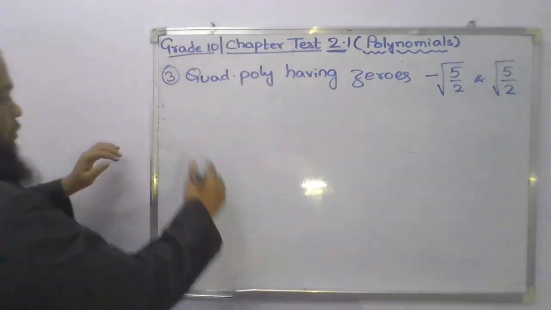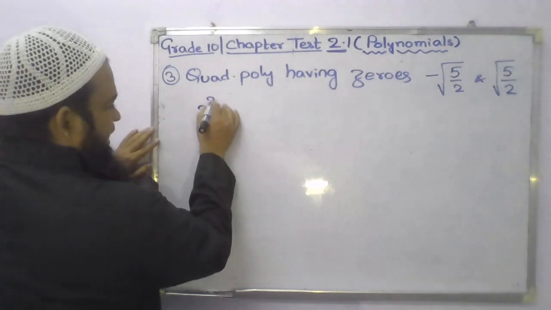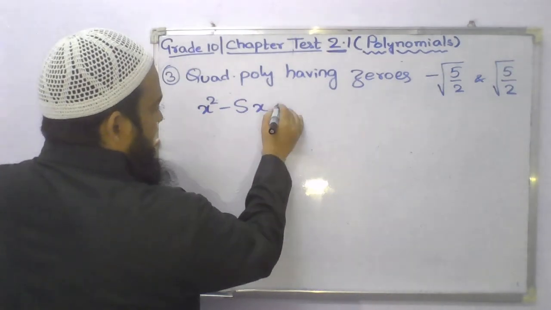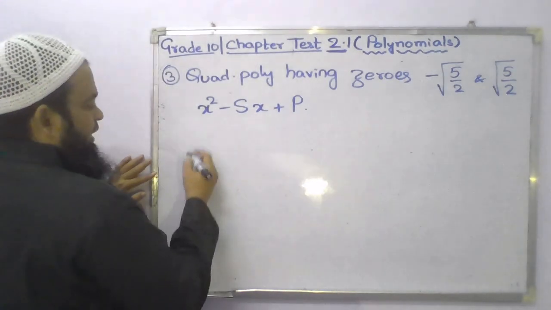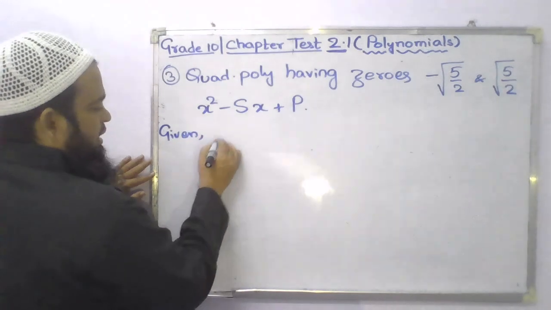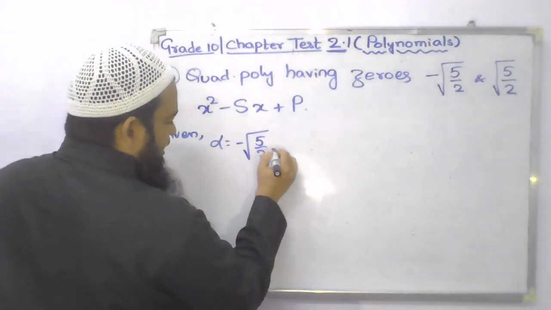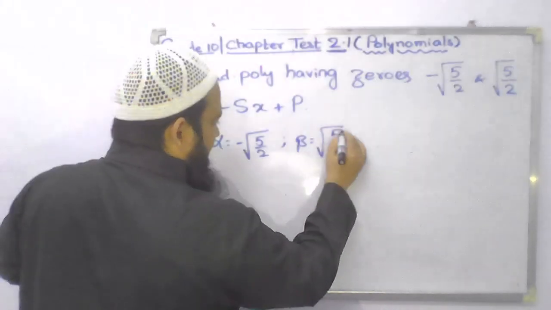So now what do we know? Quadratic polynomial is x squared minus sum of zeros into x plus product of zeros, right? So that means we have to find out the sum of zeros. So what is given? Given alpha is equal to minus square root of 5 by 2 and beta is equal to square root of 5 by 2.